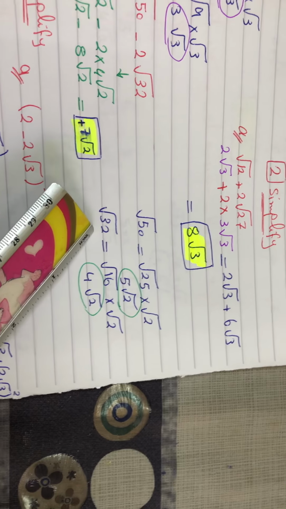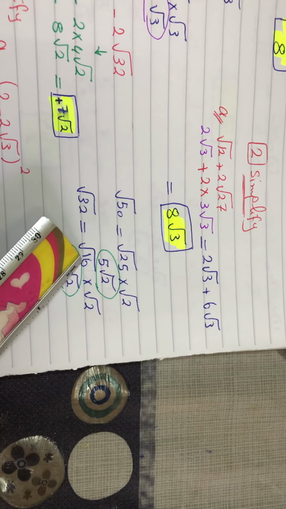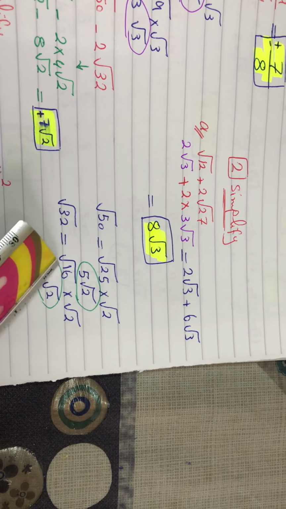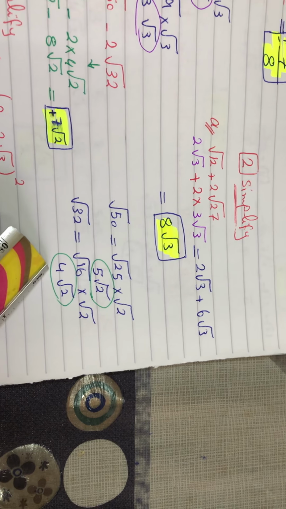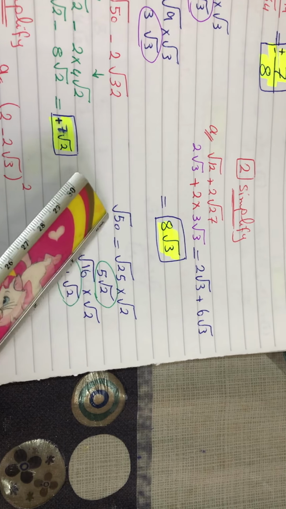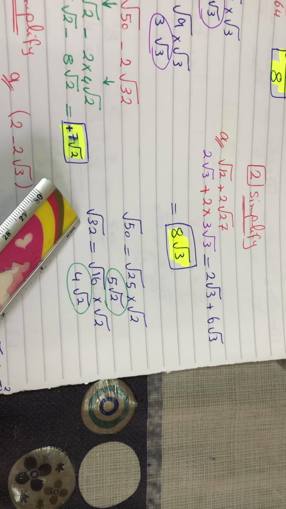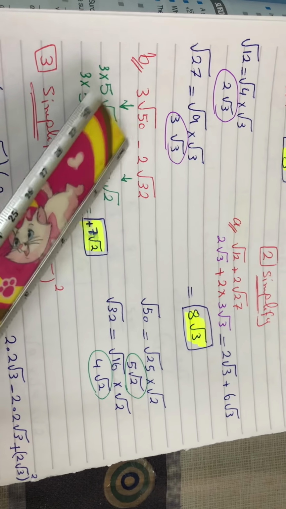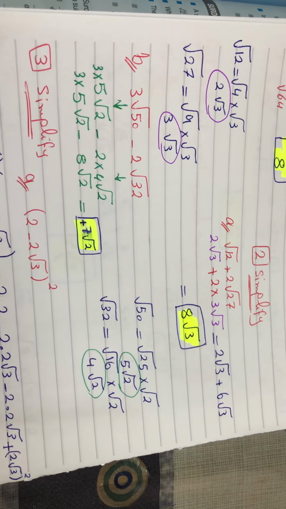Square root of 32, I'll change it into 16 times 2 because I can find the square root of 16, which is 4. So now I change this into 5 square root of 2 and that one into 4 square root of 2. It's subtraction, subtract them.